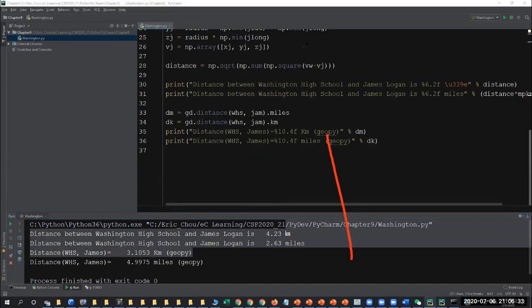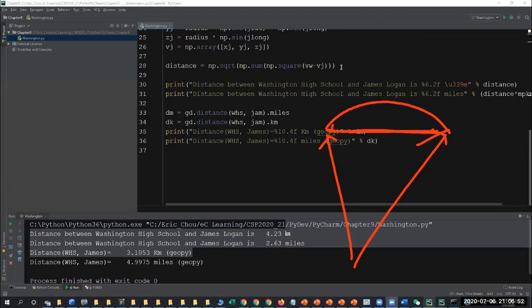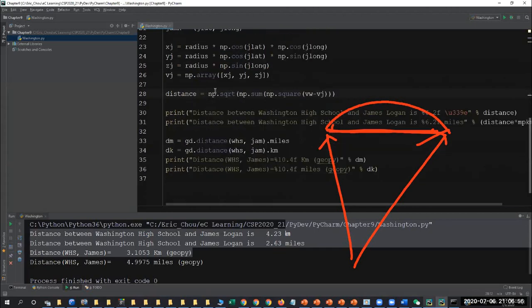Number one, I'm using this method to calculate it. And number two, the real distance is like this, it's not this arc. That's another order of issue. Also, the way I do this calculation for this distance may be wrong. Let me try to improve this one.